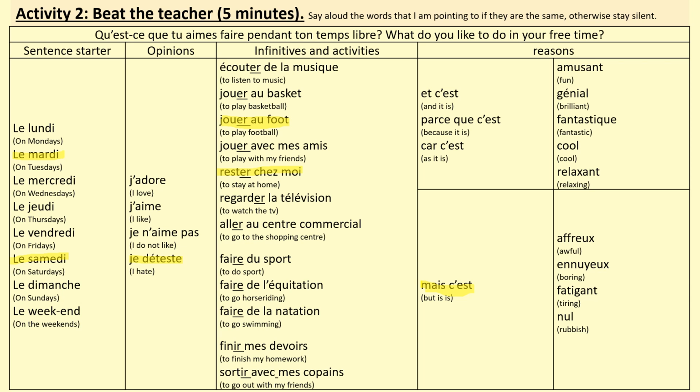What about if I say c'est fatigant? I'm pointing at relaxant, so you don't need to say it. And I'm going to say c'est ennuyeux. I was pointing at it, so you need to say it. Great. That's the end of this activity.